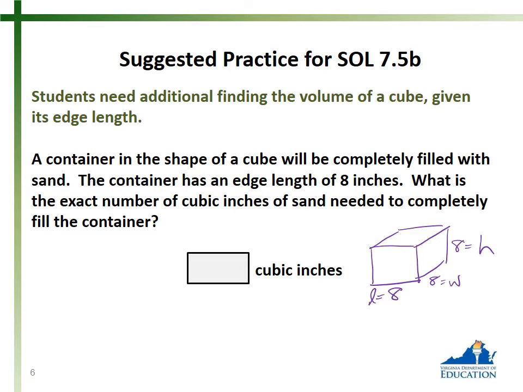What is the exact number of cubic inches of sand needed to completely fill the container? So I can say that the volume is the same as length times width times height, in which this time I'm multiplying 8 times 8 times 8. And when I do that, 8 times 8 times 8 gives us 512 cubic inches of sand.